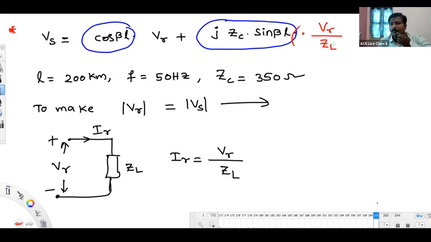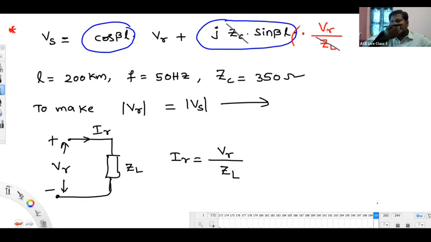Simple. Now, simply try to make the load impedance value ZL exactly equal to Zc. If you do that, Zc and ZL will be cancelled out. After cancelling that, Vs equals cos beta L into Vr plus j sin beta L into Vr.